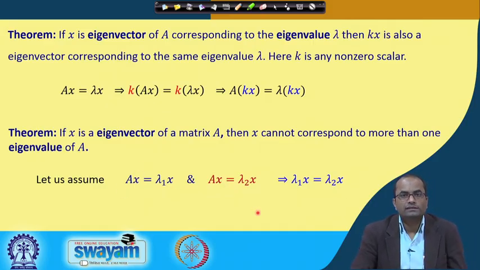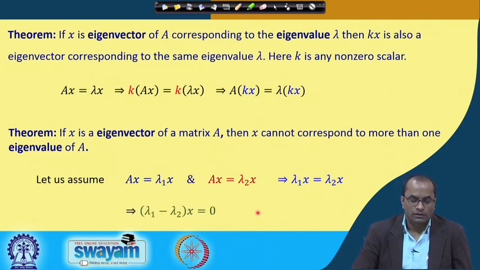So, lambda 1 x is equal to lambda 2 x, which tells us that lambda 1 minus lambda 2 times x is equal to 0. And x is an eigenvector, so it cannot be 0.